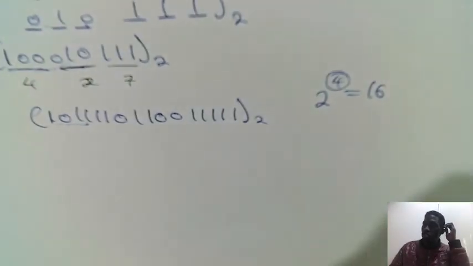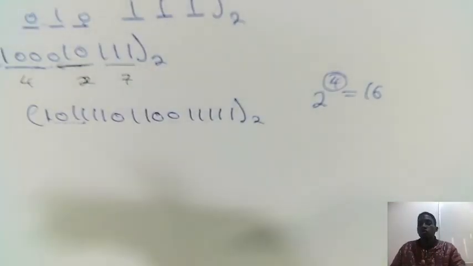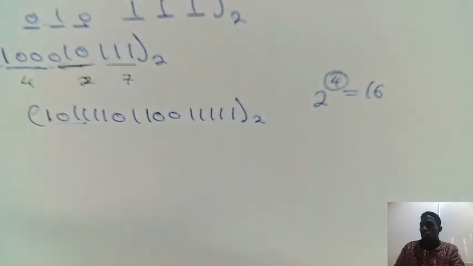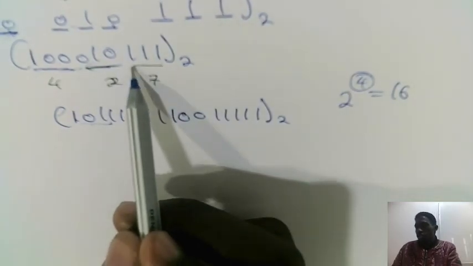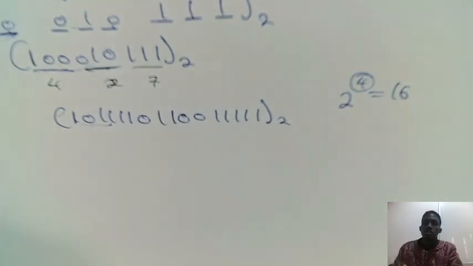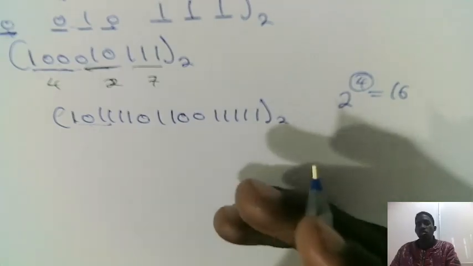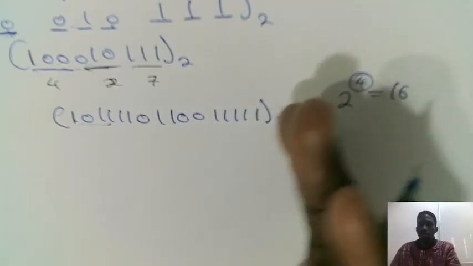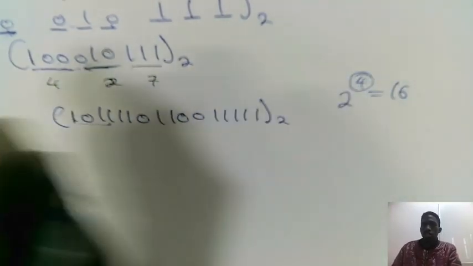So that means I have to group this number in groups of 4, the same way the previous number was in groups of 3. Now, there's a rule here. You group from the right towards the left.